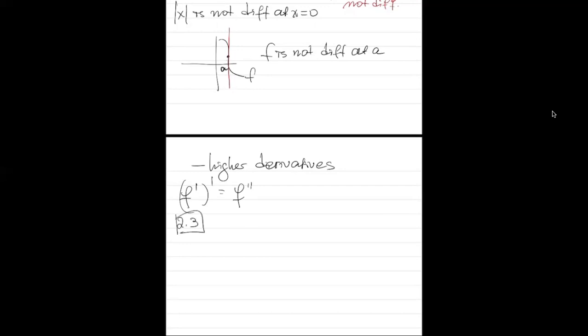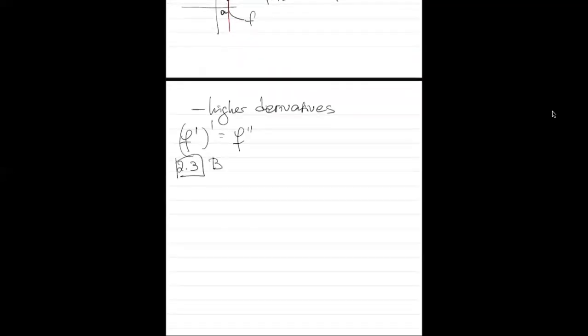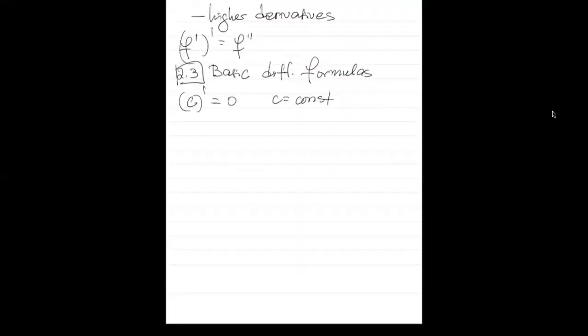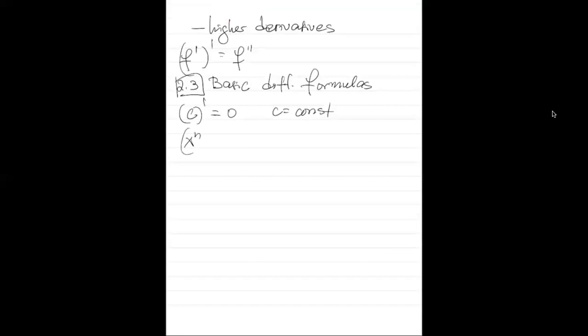2.3 is probably your most favorite lesson because here we learn the basic differentiation formulas. Let's start with the constant. Derivative of a constant is 0. Never forget that. The most famous formula in calculus, the power rule.